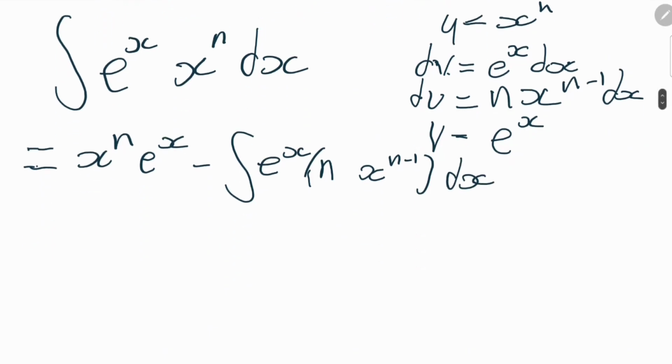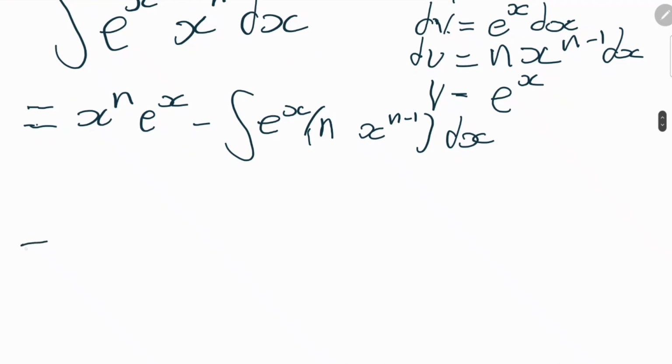Alright, so let's see what we can do next. Well, x to the n times e to the x can stay. So we'll write that in, because there is nothing more we can really do with that.